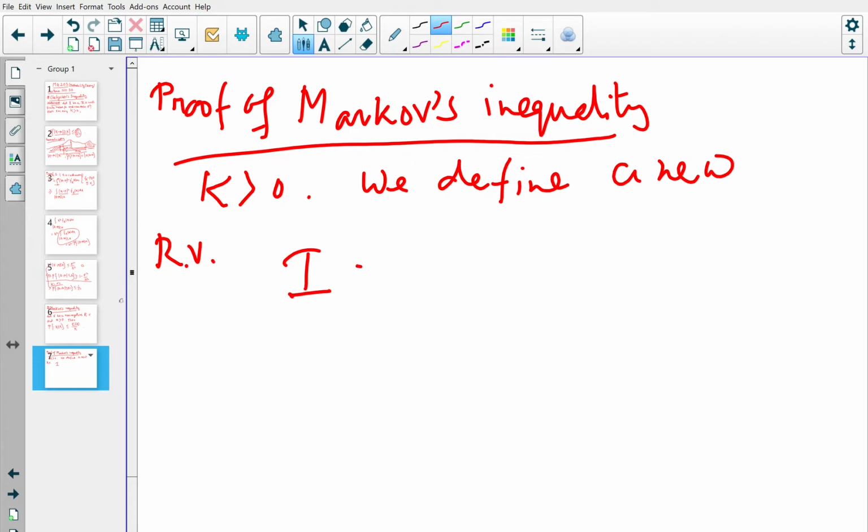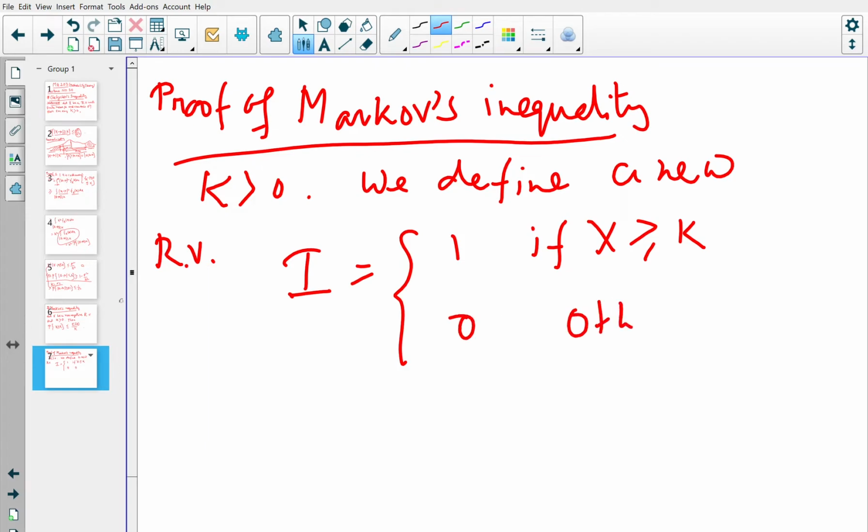I is 1 if X is greater than or equal to k, and 0 otherwise, that is, if X is less than k. Also, we know that X is non-negative, so I is non-negative. This is clear.